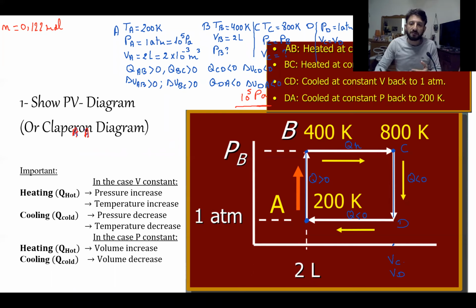We can take AB. Why? Because at the point C, we don't have P of C. We don't have T of C. So we can take points A and B.